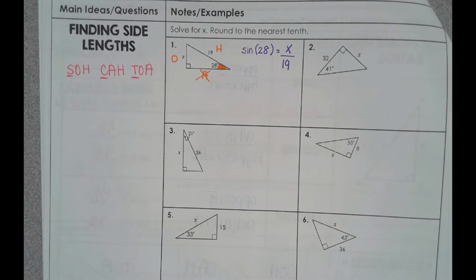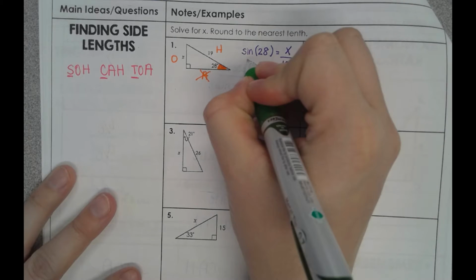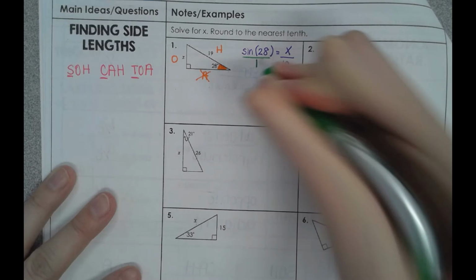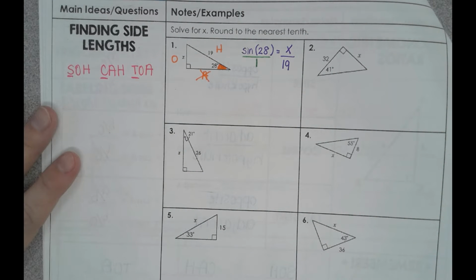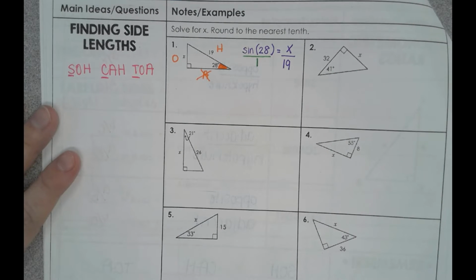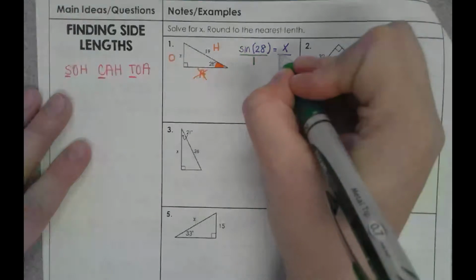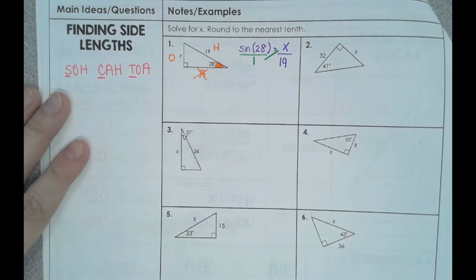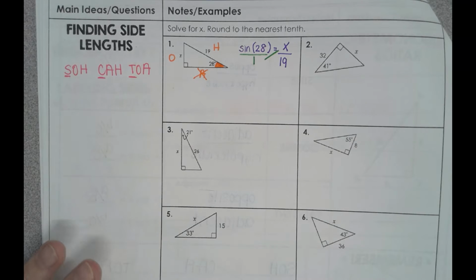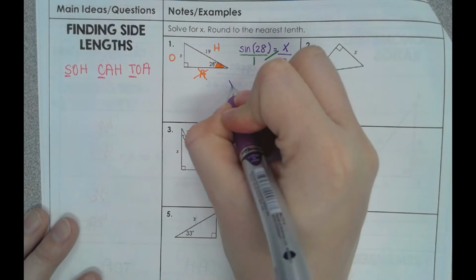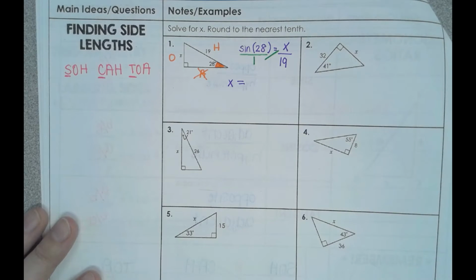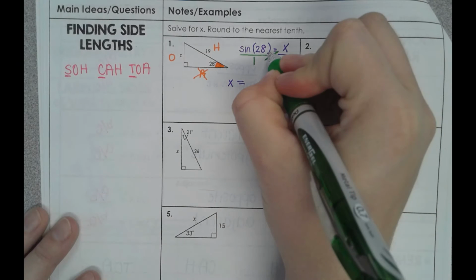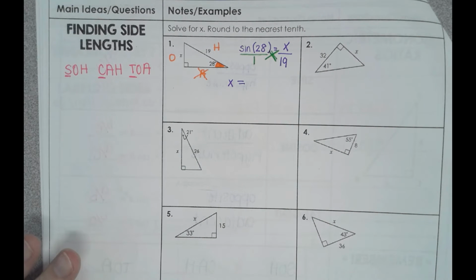At least until you get the hang of it, what I recommend doing is putting a 1 under sine of 28 and cross multiplying. So X times 1 is X. And then we have sine of 28 times 19.